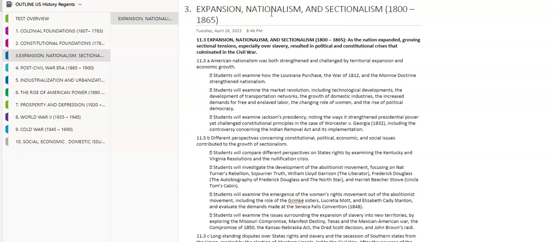The nationalism within the country, we get a sense of ourselves with the War of 1812 and the victory there. And then sectionalism, really the North and the South going in two different directions, economically, socially, politically, and the big issue behind all of this is, of course, slavery. And that's not going to get resolved until the Civil War, which ends in 1865.